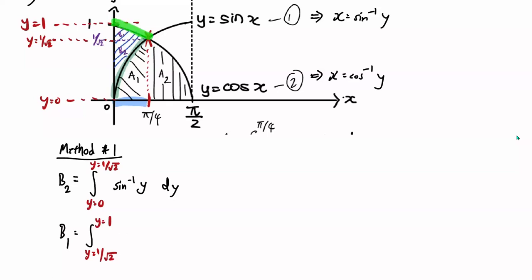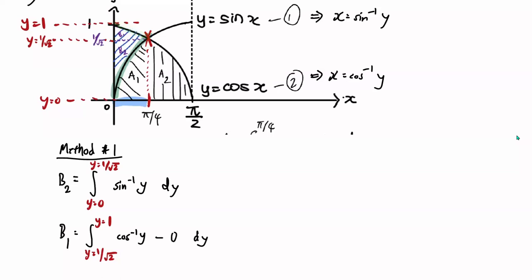Because the right side of region B1 is this cosine inverse y. The left side is x equals 0. So you can think of it as cosine inverse y minus 0 dy.